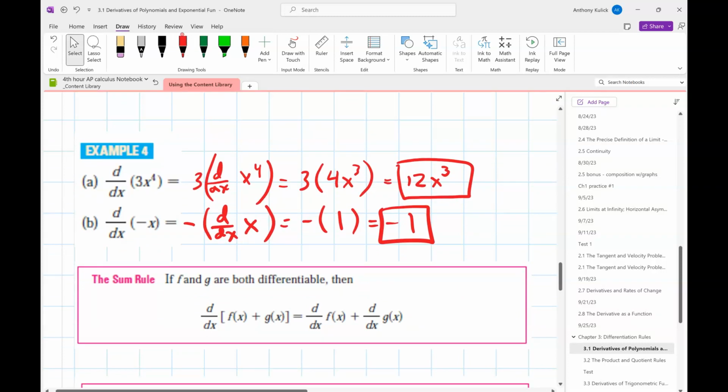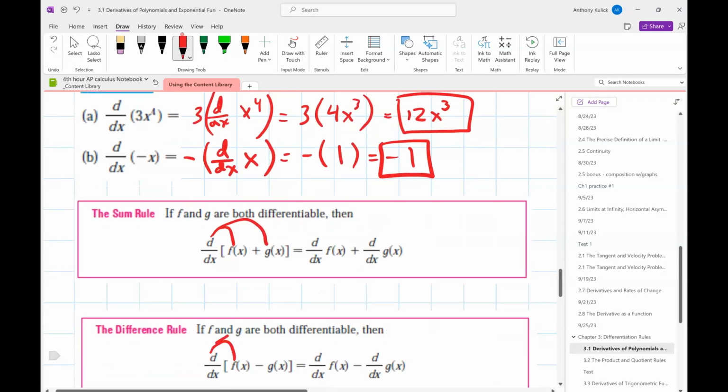If f and g are both differentiable, then the derivative of a sum of two functions is just the derivative of each function independently. So essentially, the operation of differentiation is distributive. And that works for either addition or subtraction.